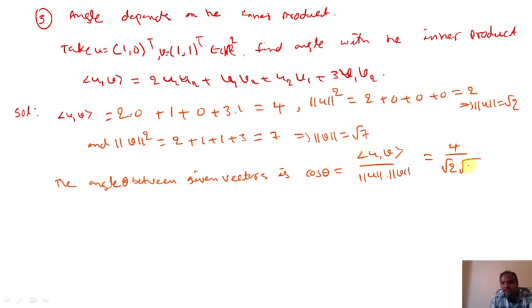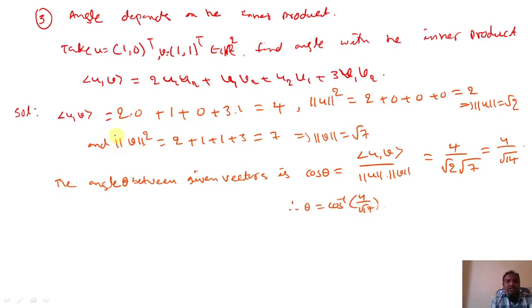So 4 by root 14, yeah, this is the one. Therefore theta equal to cos inverse 4 by root 14.